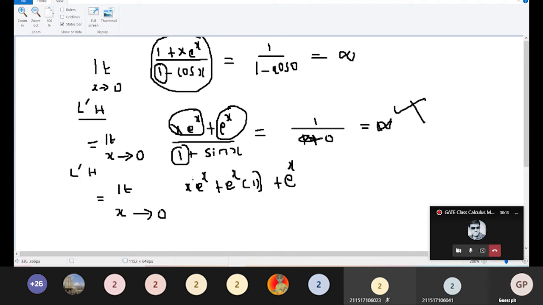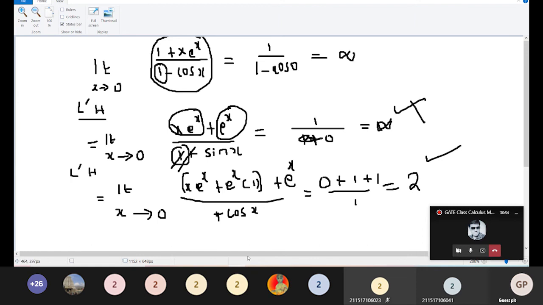These two terms for the first term, divided by the denominator, only sin x plus cos x, because differentiating sine gives cos x. First term will be 0, second term will be 1, third term will be 1, denominator will be cos 0, it is 1, so the answer is 2. So as I said, 2 is correct.